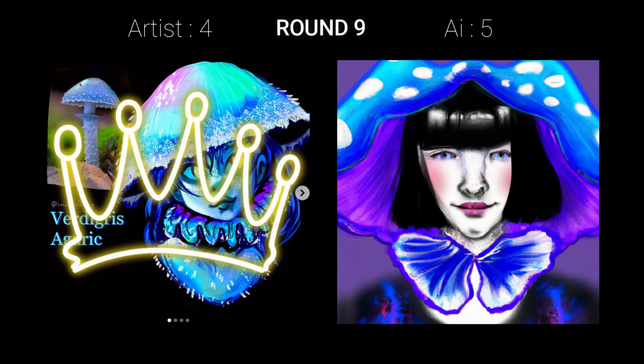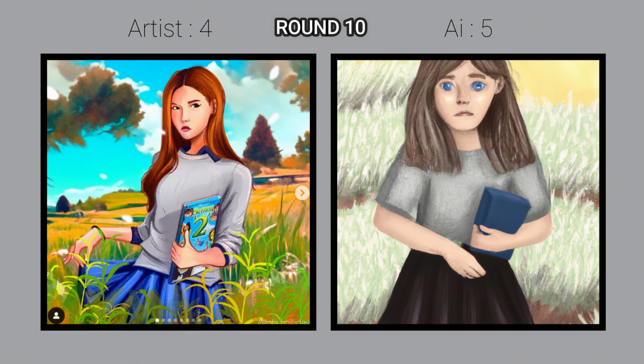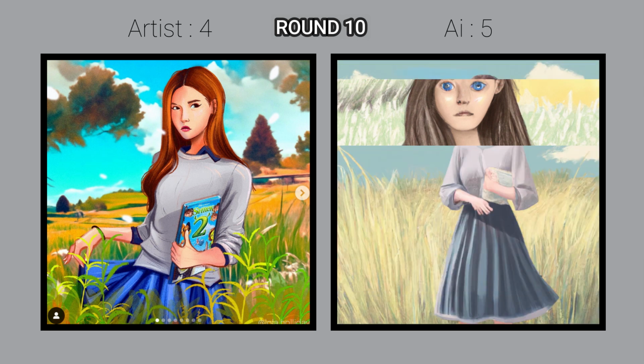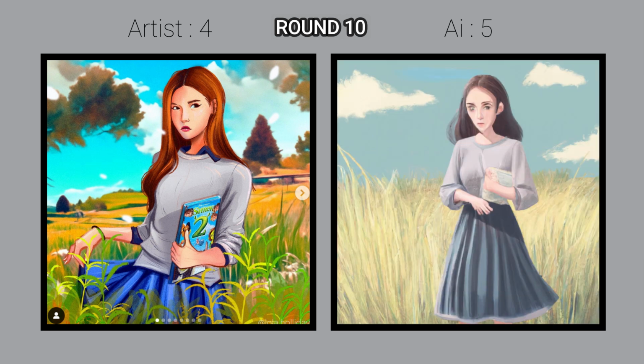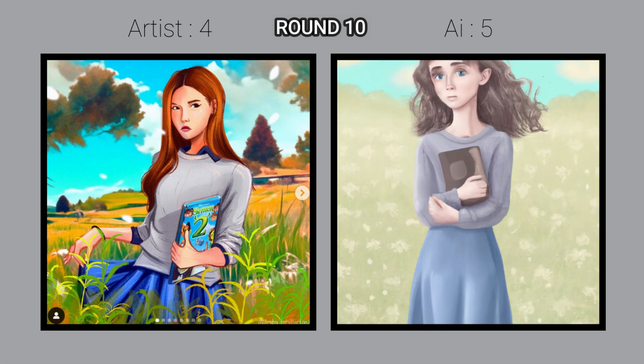It also cannot take the exact same object or character that it has made and perfectly recreate it in another pose from another angle. And these are just very key things that a human artist can do that AI art really struggles with. So I hope you enjoyed the video.